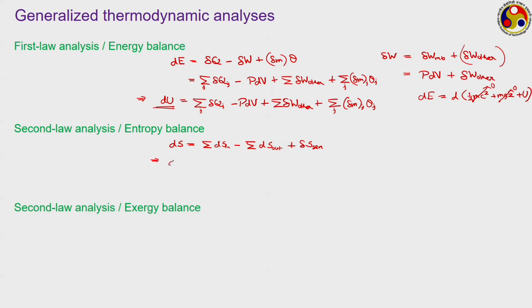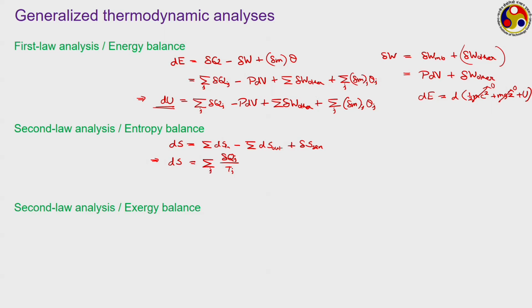Or we can write this equation as, considering all possible types of entropy flowing into or out of the system, we can have entropy coming in with heat transfer. Again, there may be several possible types of heat transfer.